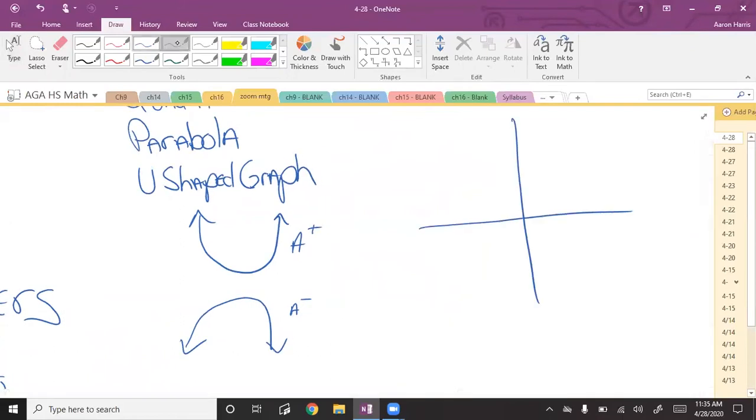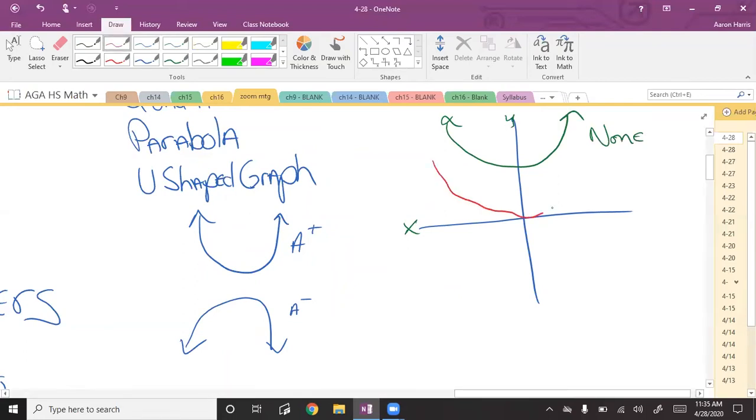Okay, but let's put it on a graph. I'm gonna put 3 different parabolas. Here's one parabola. In parabola 1, does it ever cross the x-axis? No. So there are no zeros. Next parabola. How many times does it touch the x-axis? Once.